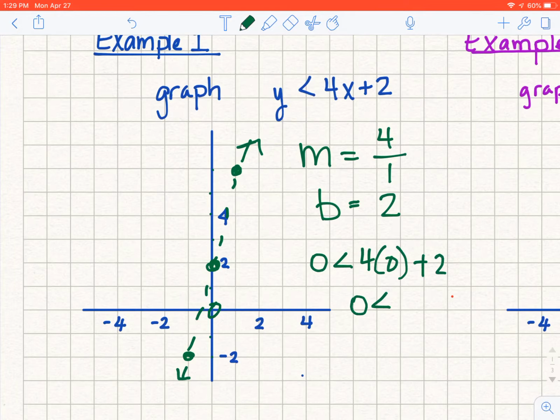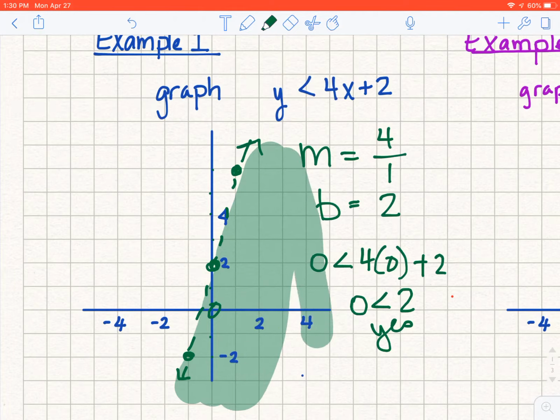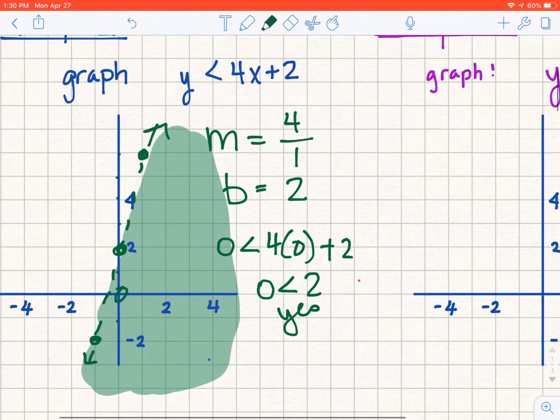So is 0 less than 2? The answer is yes. So I want to shade the side with 0, 0. So I want to shade this side of my line, because that's the side that contains 0, 0. Okay? And that's it. You remember that.